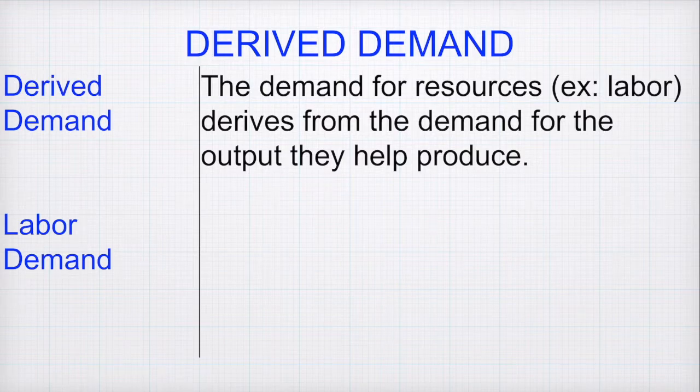So that's where the demand for labor comes from. So we sometimes call the demand for labor a derived demand. In other words, firms don't demand workers just for the sake of hiring workers. Their demand for those workers is derived from the demand for the output.